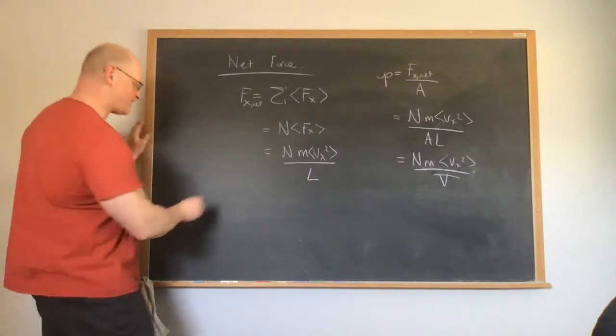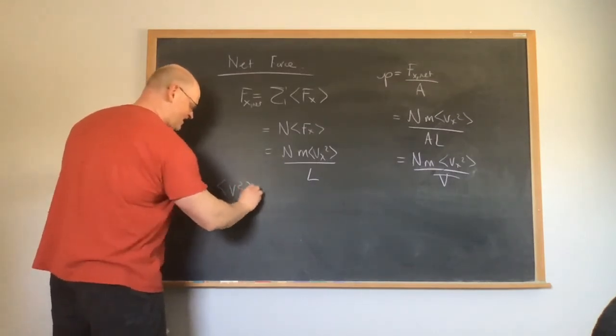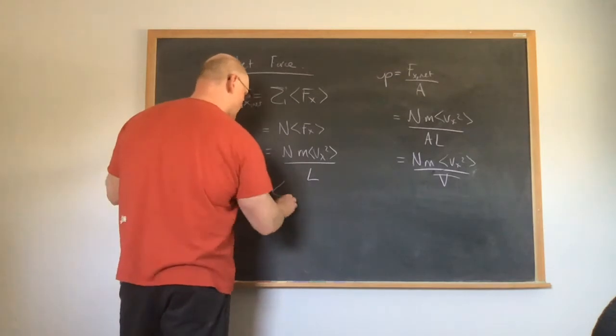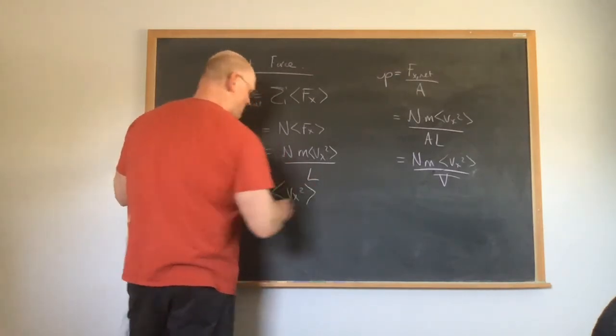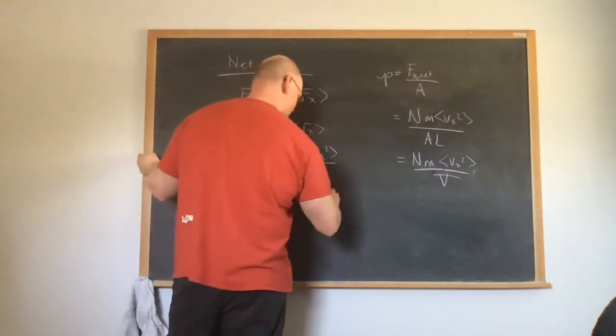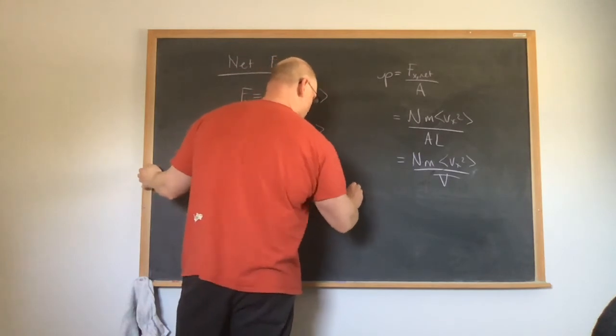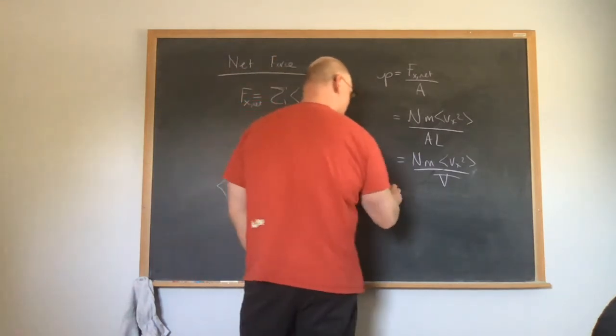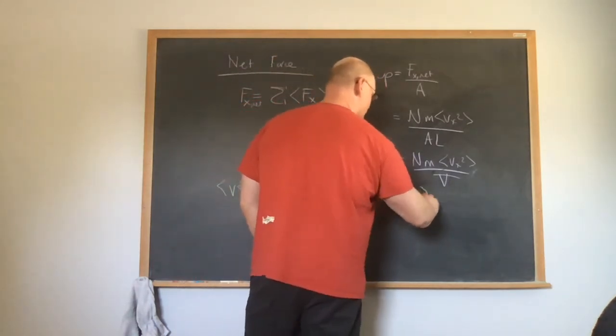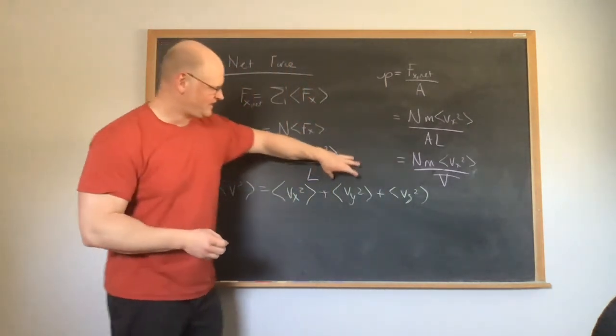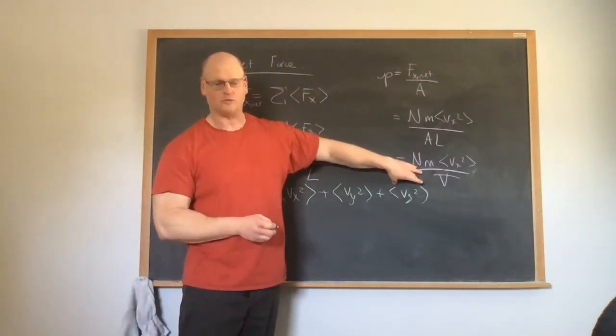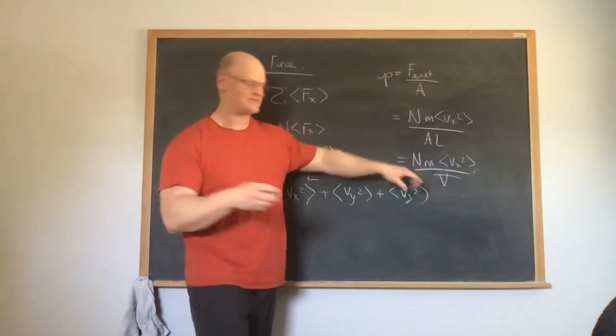So good. In this case, what we know is that the average of the square of the velocity is going to be the average of the x component velocity squared, plus the y component squared, plus the z component squared. But each one of these has exactly the same value, because the average in all different directions is exactly the same.